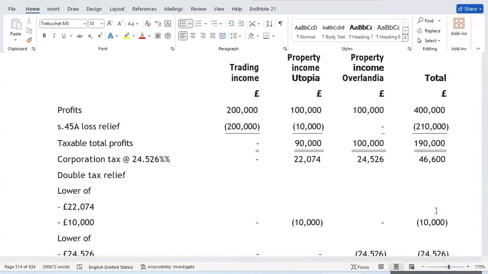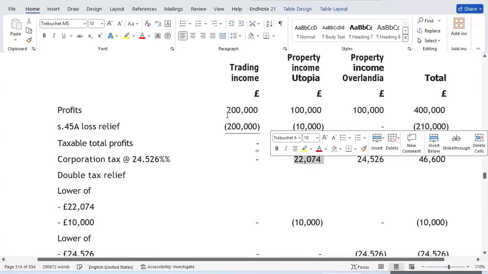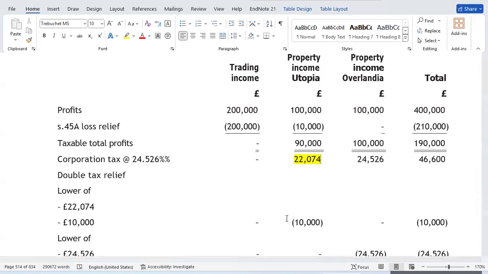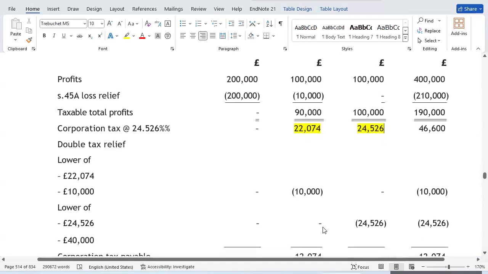So DTR is the lower of UK tax on foreign income, which we have calculated already, and 10,000 given directly. Sometimes they'll say based on this amount, then you must multiply with the gross amount, because tax is usually on gross. And here 24,526 is the UK tax on foreign income.